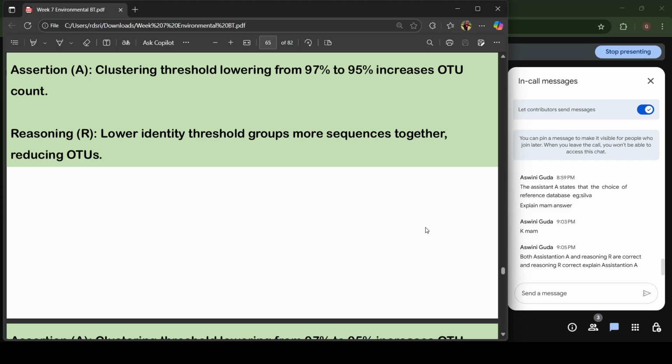So here A and B are kind of contradicting, so either one should be right.